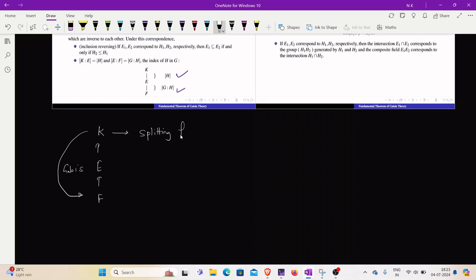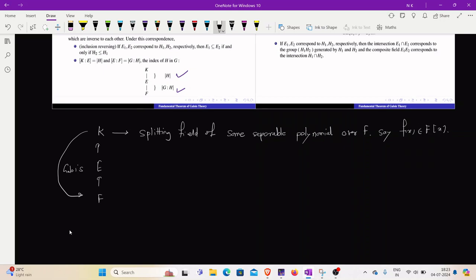So K is the splitting field of some separable polynomial over F. We have seen this in the characterizations of Galois extensions as well. Let me assume that polynomial is f(x), so f(x) belongs to F[x].